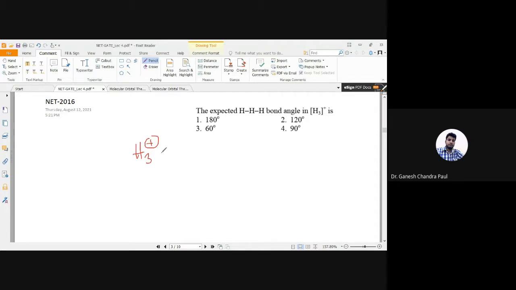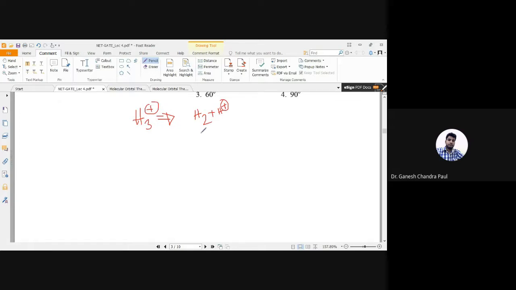So that means this H3 plus ion is a combination of H2 and one H plus ion. How can you trace this fact? As you know, H2 is linear, so you draw H and H, and another H plus.